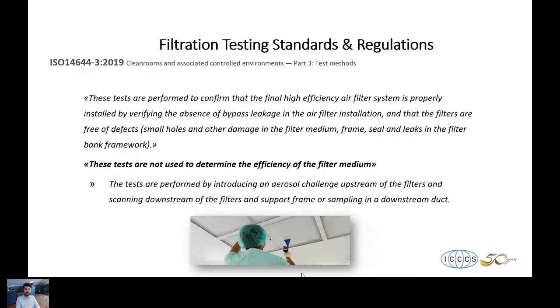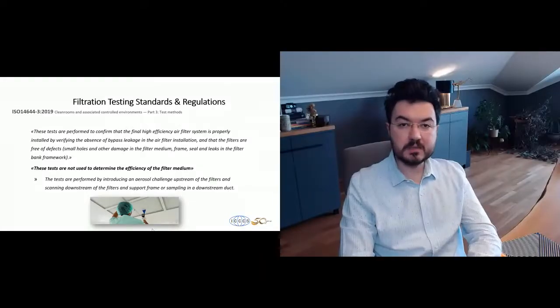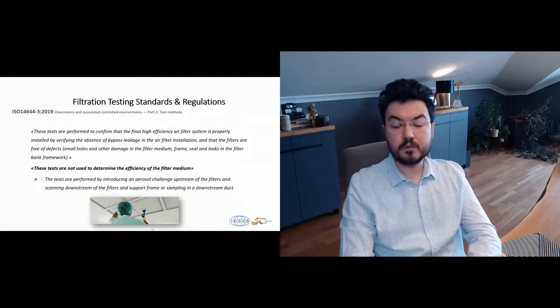So this is completely final filter testing in a clean room, and we are not checking the efficiency of the filter itself. We are just making sure that the filter has no holes, no damage in the filter medium, frame, or the filter bank. These tests are not used to determine the efficiency of the filter medium.